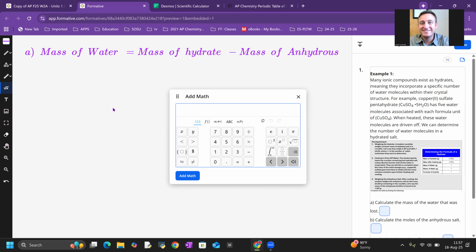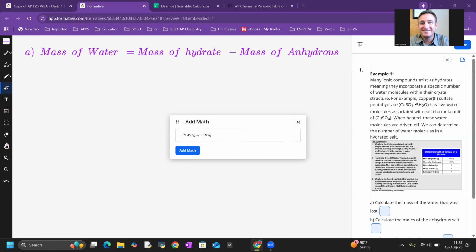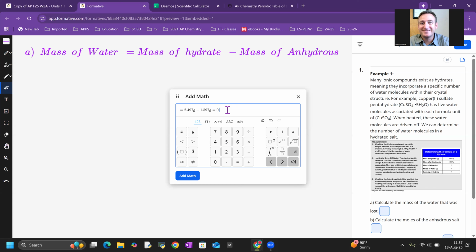So now we're going to just plug in those values. What is the mass of the hydrate? It is 2.497 grams minus the mass of the anhydrous, which is 1.597 grams. And we see that we get 0.900 grams of, in this case, water.